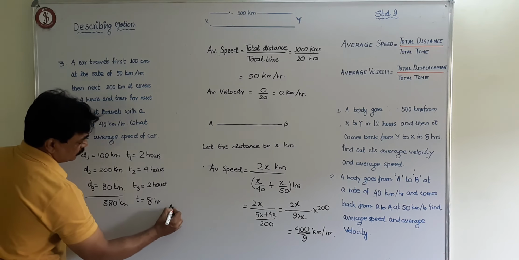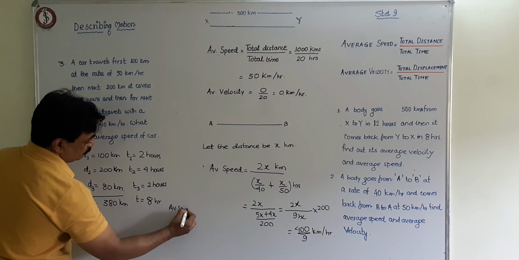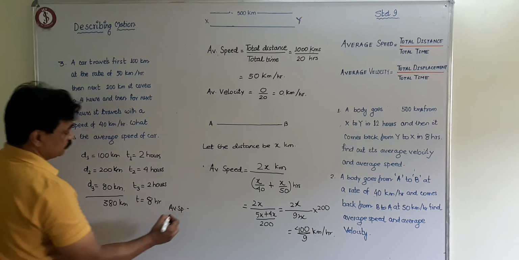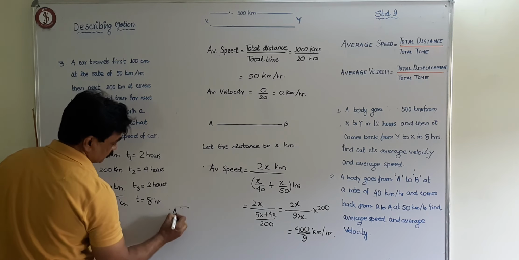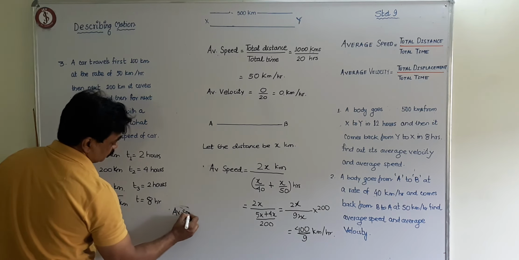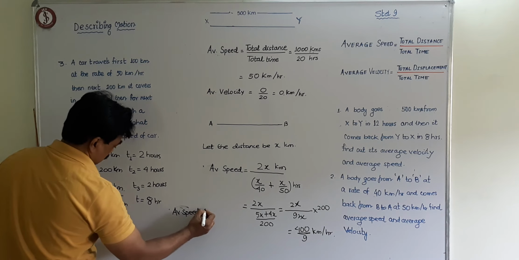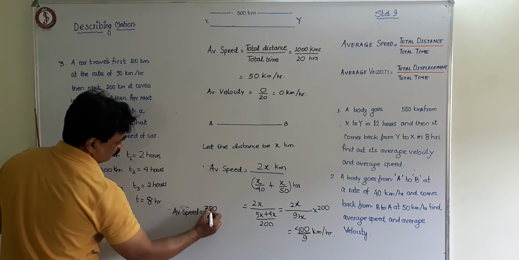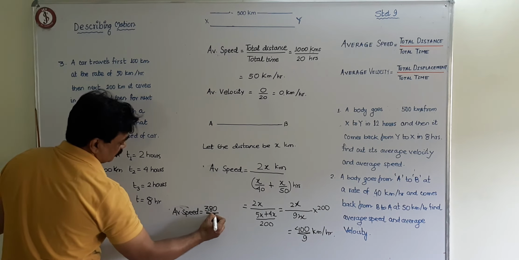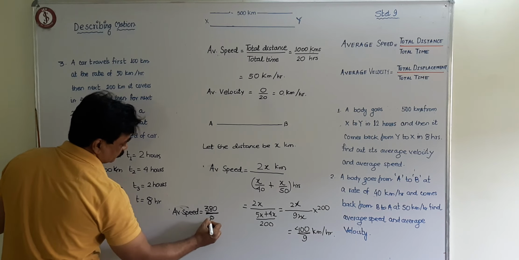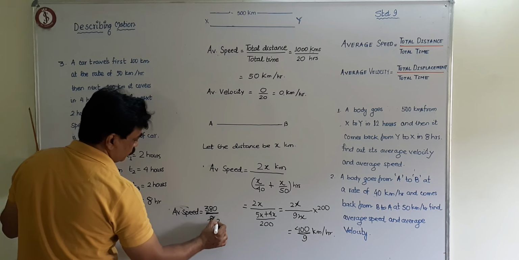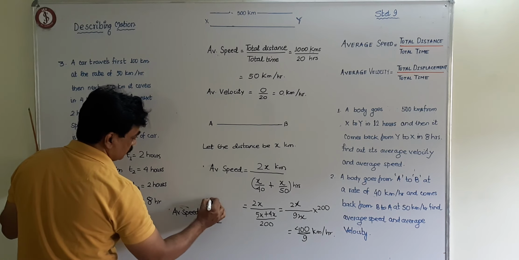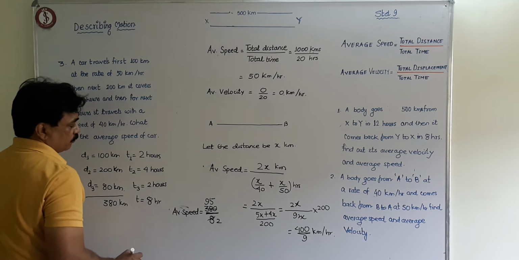So average speed will be equal to, find out the average speed. Average speed will be equal to 380 by 8. So 4 2s are 8, 4 9s are 36, and 4 5s are 20.